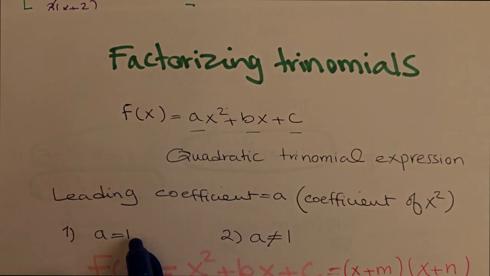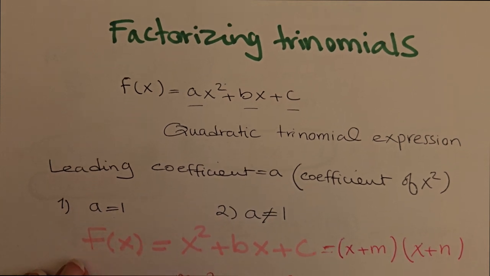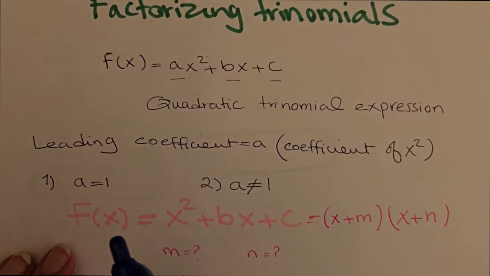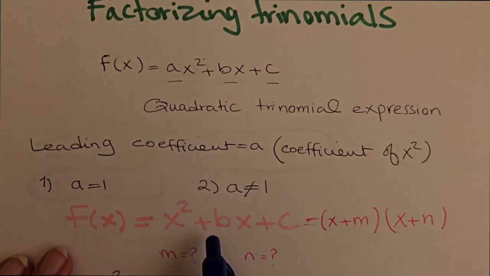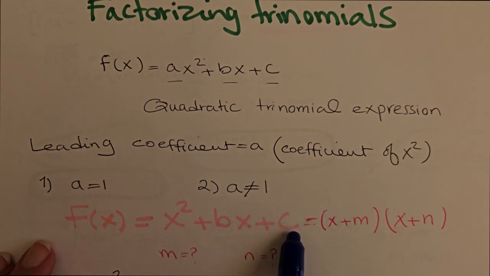So we started by asking whether the leading factor is 1 or not 1. If it was 1, that would be so easy. We just have to find the two non-repeating terms which, added, equal b, and multiplied together, equal c.